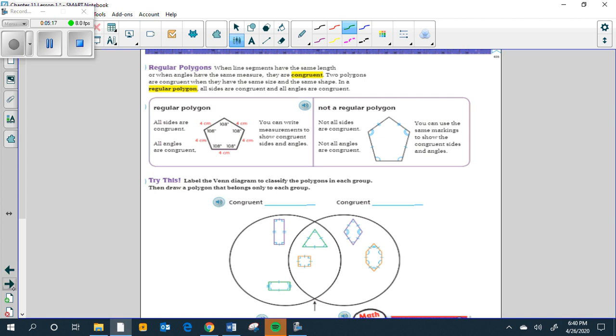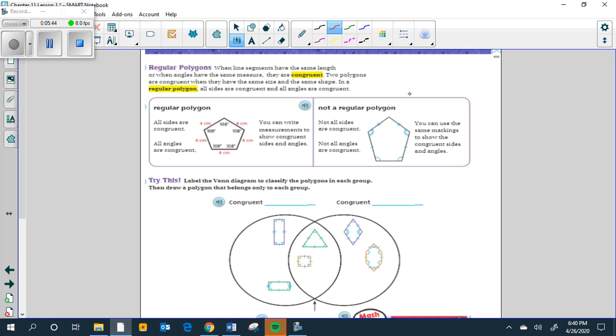All right, so let's take a look at this first box here with the regular polygon. You'll notice that each of the sides is 4 centimeters. That means they're all the same. They are congruent. All of the angles are 108 degrees. So that means all of the angles are the same. They are congruent. So this polygon is a regular polygon.